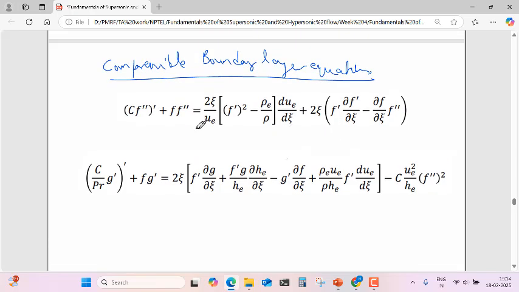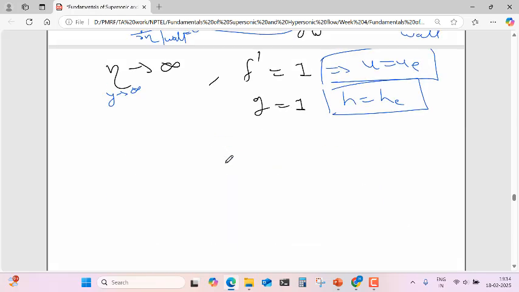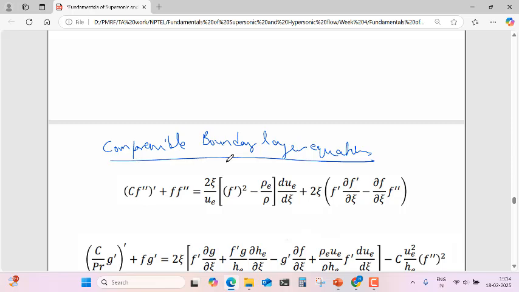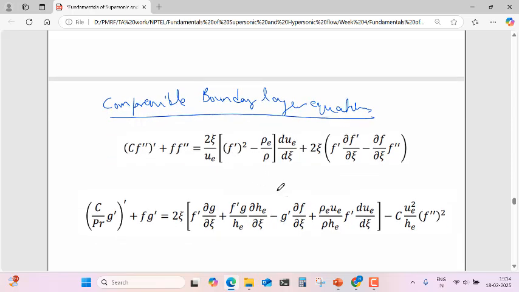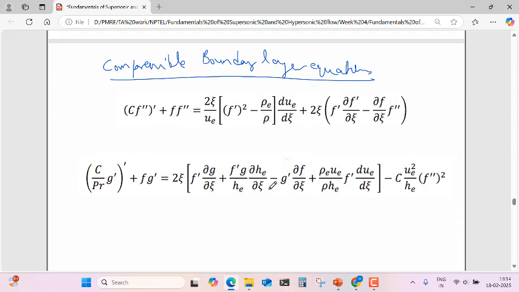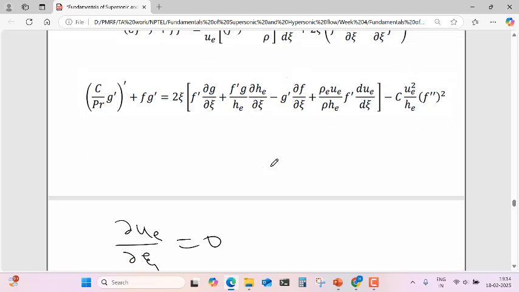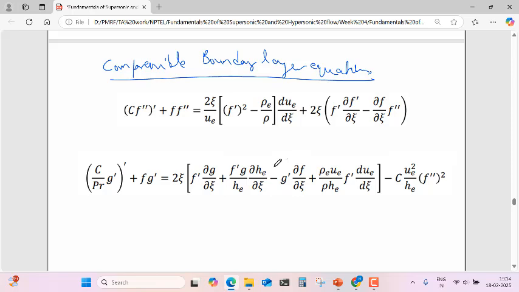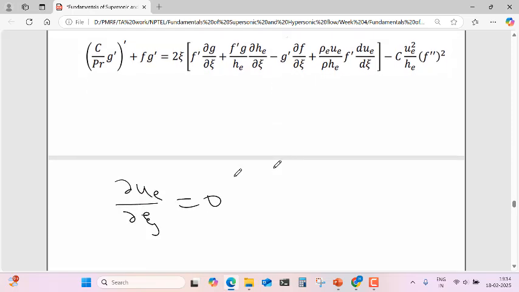Now, this can be solved using these boundary conditions, for a flow. So we can simplify this further for the flat plate. For the flat plate, Ue will be constant, and the edge velocity will be constant.